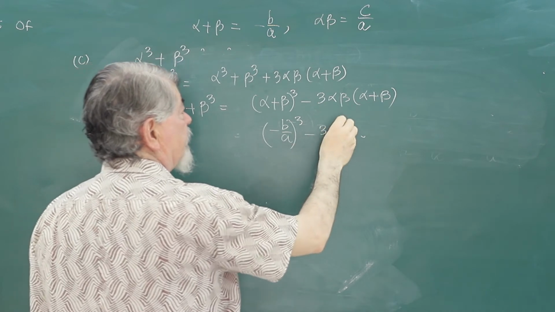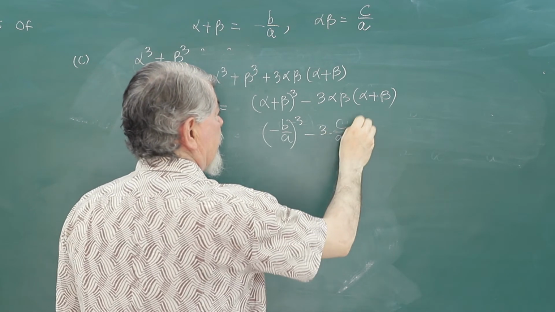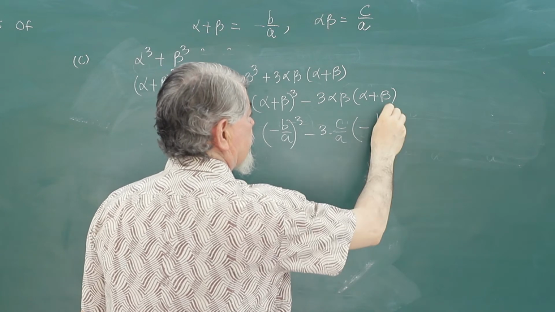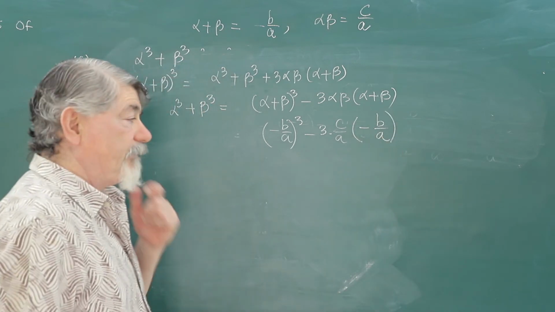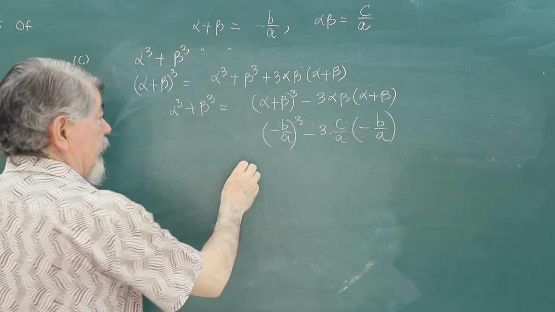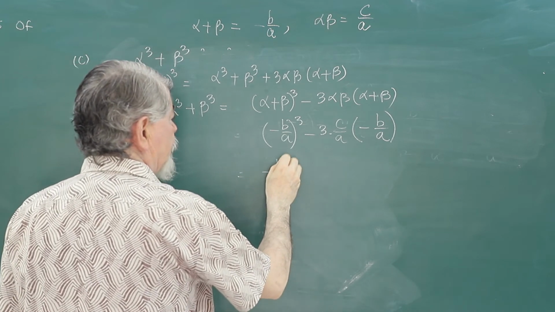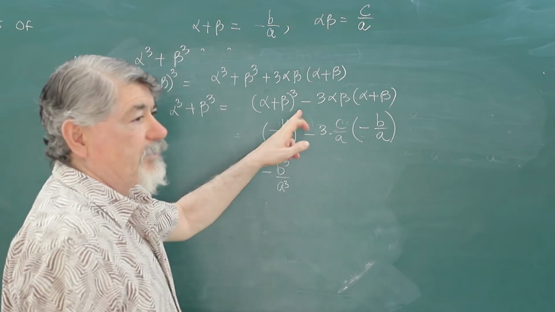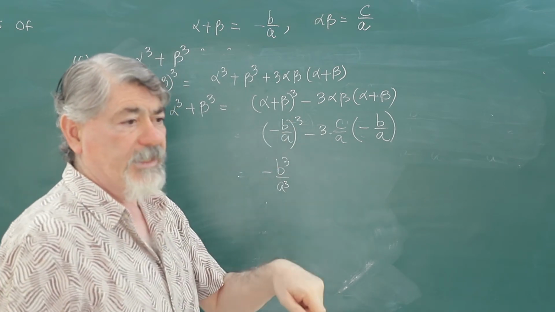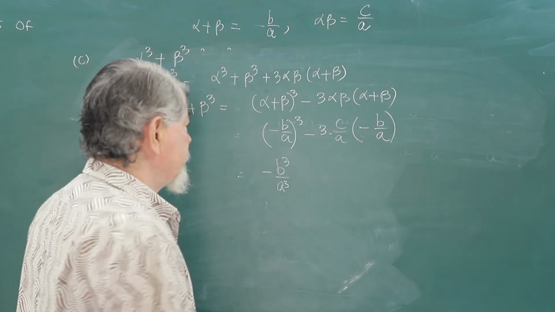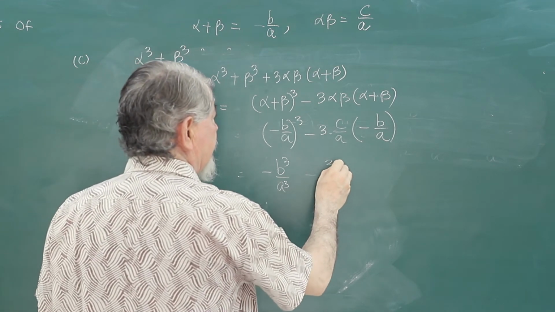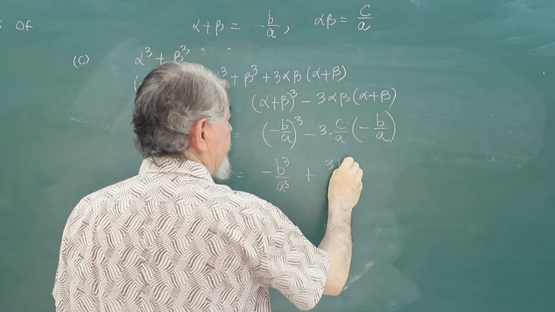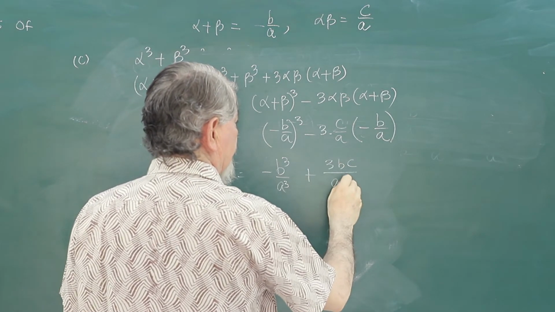The value of alpha beta is c upon a, and the value of alpha plus beta is minus b upon a. It is simple algebra. We have to simplify and get the values. It will become minus b cube upon a cube. Minus to the power 3 is minus into minus into minus. So you'll get minus 3, and minus minus will become plus, and it will become 3bc upon a square.